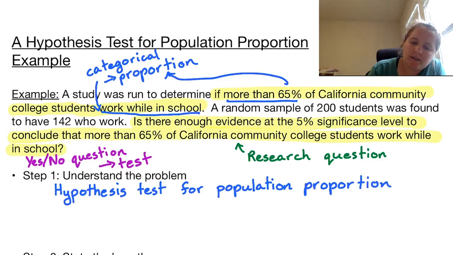If we look at our sample information, the random sample of 200 students was found to have 142 who work. That is all talking about our sample. So our sample is random.